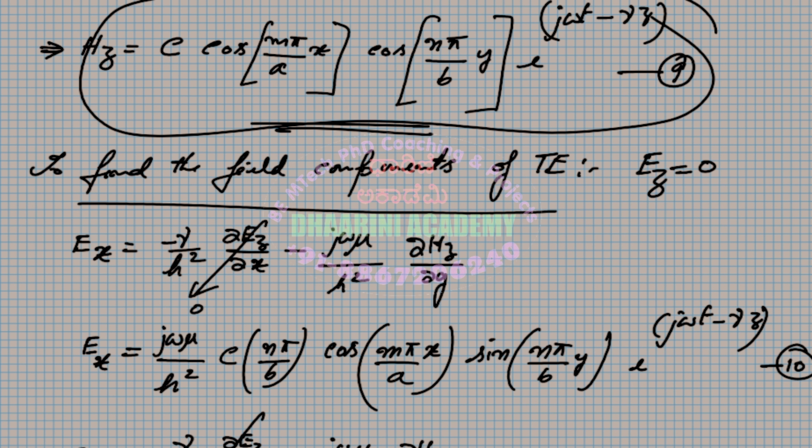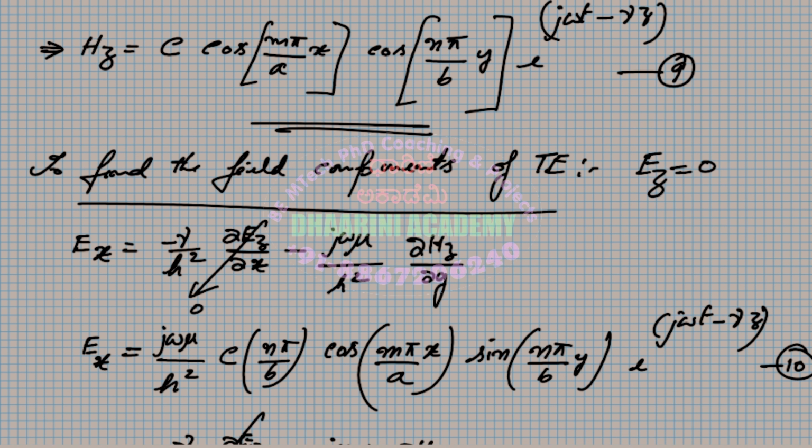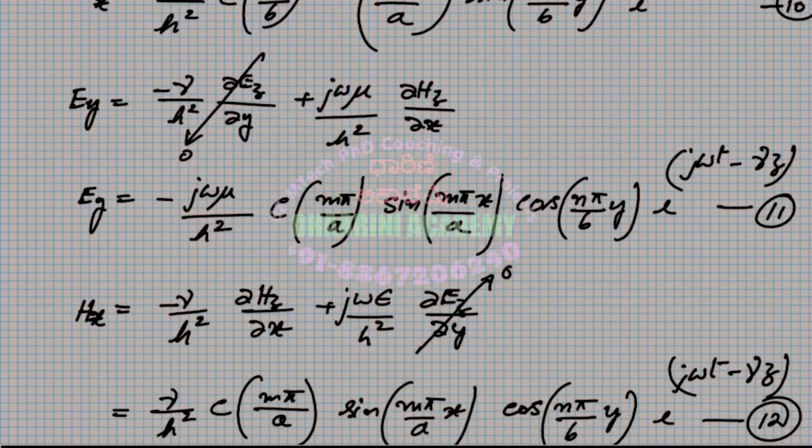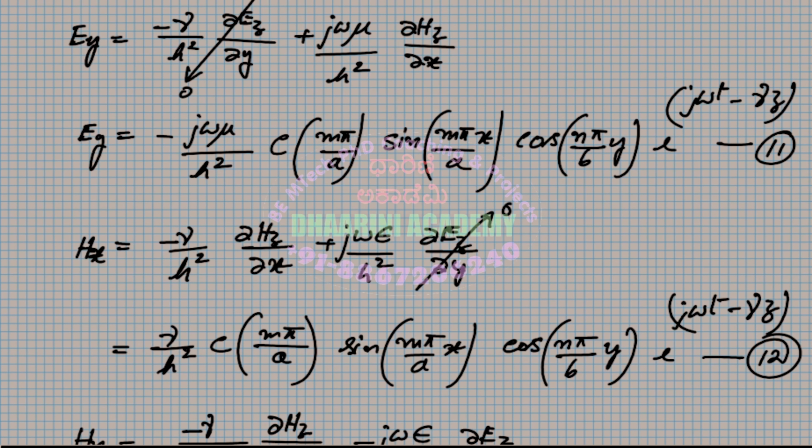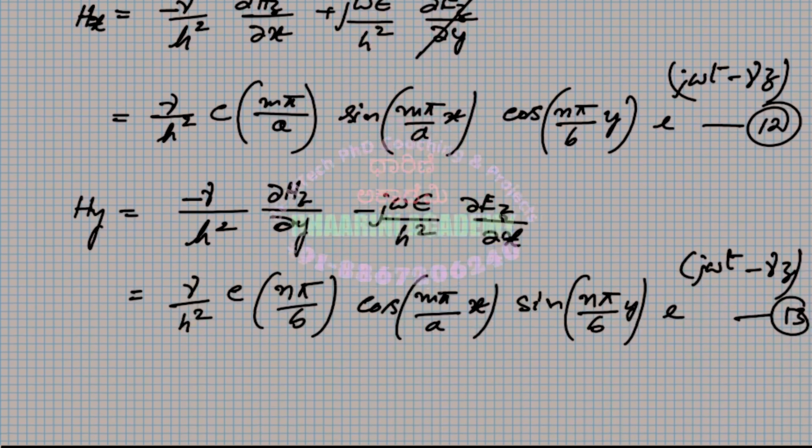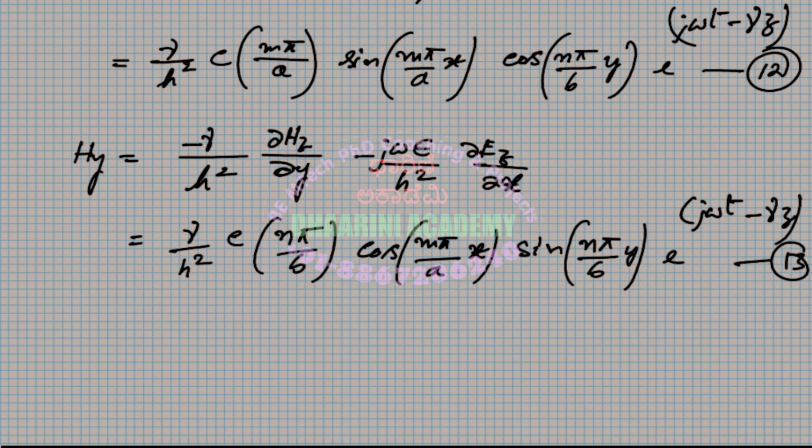Then the remaining 4 field components: Ex, equation number 10, then Ey, equation number 11, Hx, magnetic field along the x-axis, is 12, and magnetic field along the y-axis is 13. So these are the 6 components we are supposed to find out in case of a transverse electric wave propagating inside the rectangular waveguide. Complete derivation.